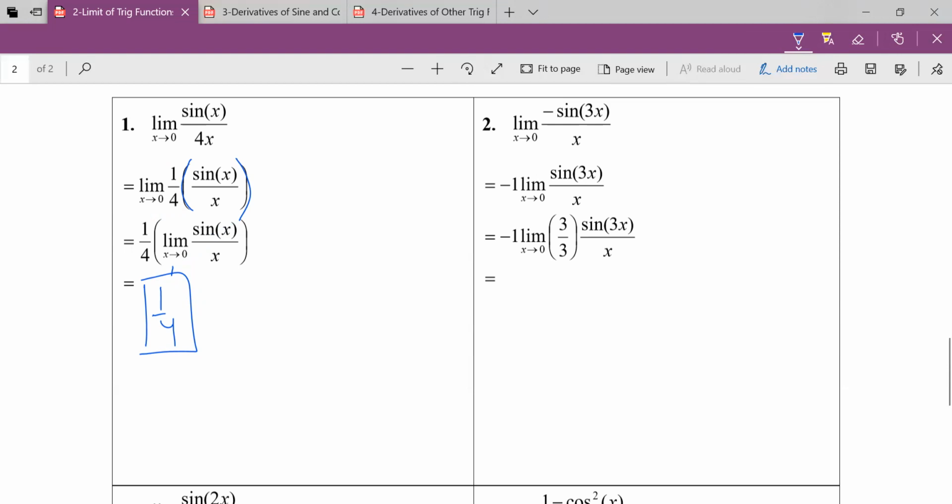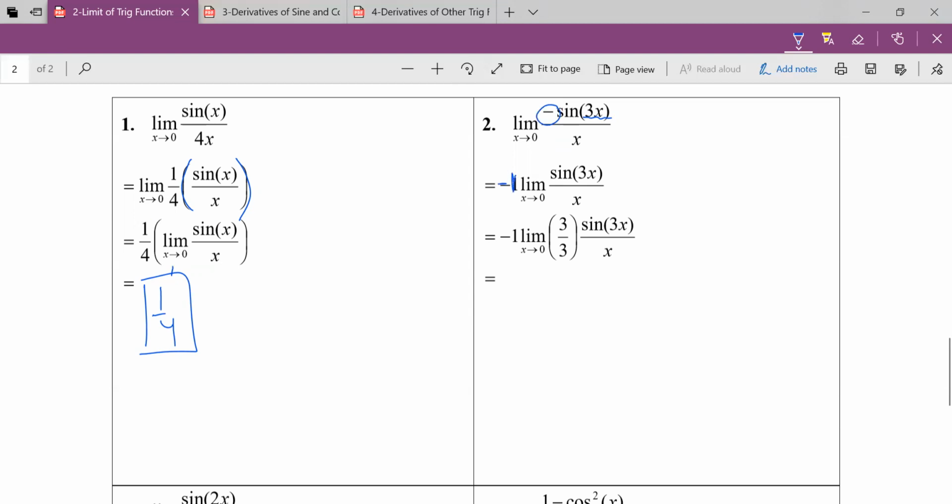Number 2, the limit as x approaches 0 of negative sine 3x over x. As soon as I see this 3x, this triple angle, what I'm saying to myself is I need the denominator to be a 3x as well. That's the goal for the question. First thing I did was factor out a negative 1.